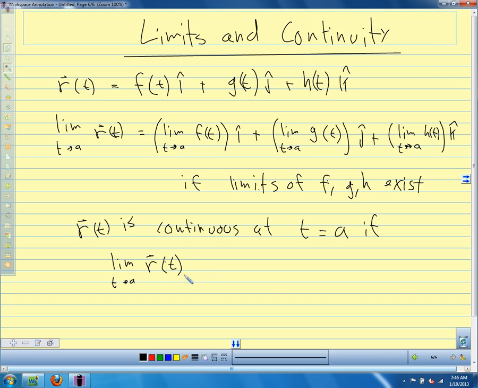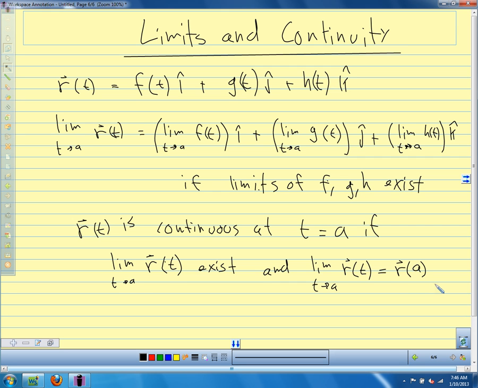What has to be true of the limit for a function to be continuous? Someone said the limit has to exist, basically from both sides. And what's a more compact way of saying that? The limit as t approaches a of r of t has to equal our function value. So that guarantees that the limits from both sides are the same.